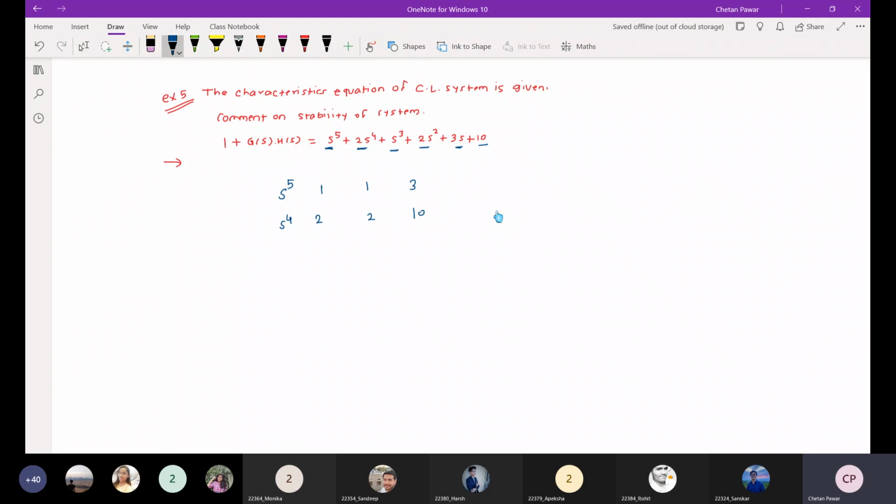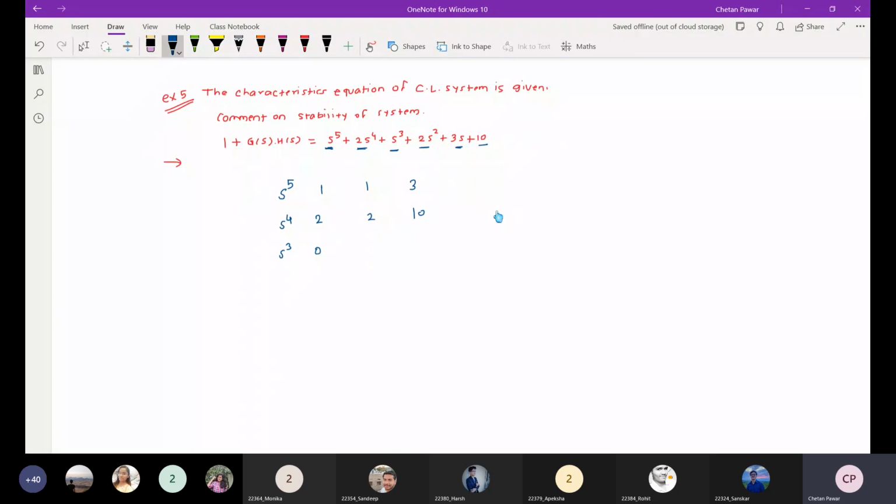Now we need to form the s cube row. Let us see, 2 into 1 minus 2 divided by 2. So that will be 0. So 2 minus 2 divided by 2, that will be 0, so this term will be 0.